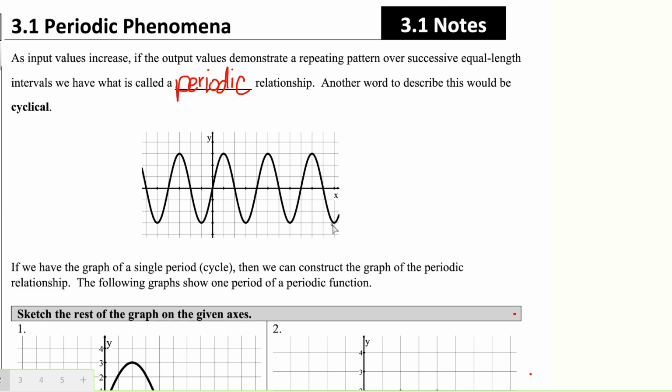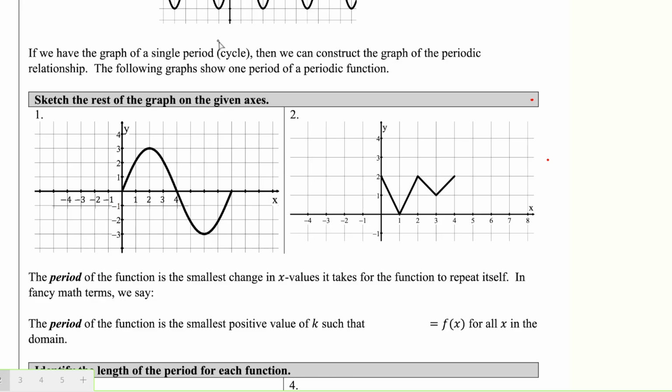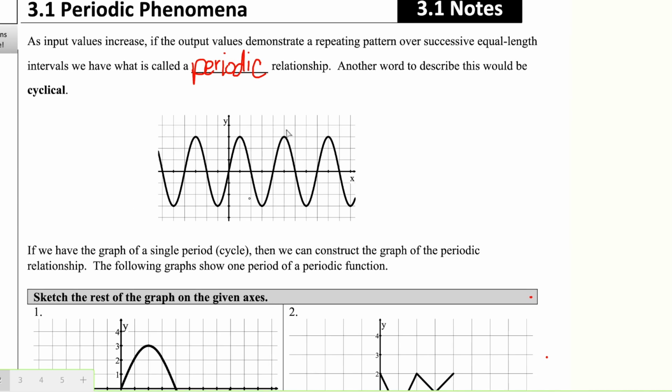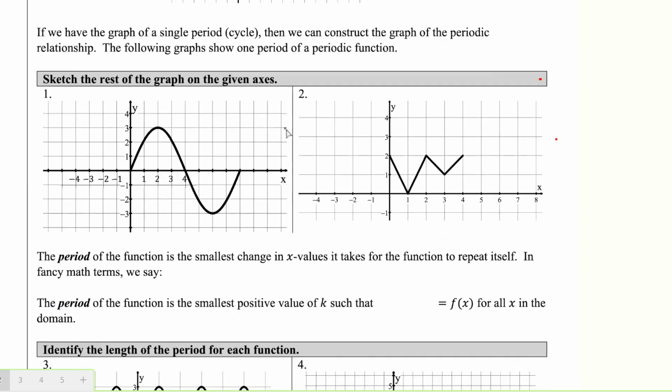Those are examples. If we have the graph of a single period cycle, then we can construct the graph of the periodic relationship. The following graphs show one period of a periodic function. So a full cycle is a single period.